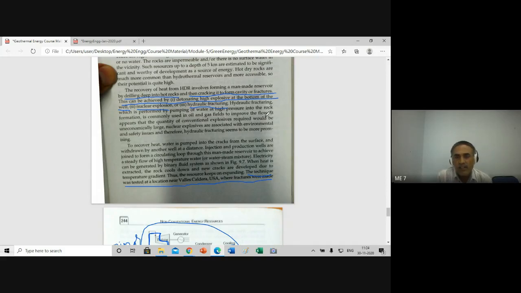Then on the above earth surface it will vibrate like an earthquake. Hydraulic fracturing is performed by pumping water at high pressure into the rock formation. It is commonly used in oil and gas fields to improve the flow.